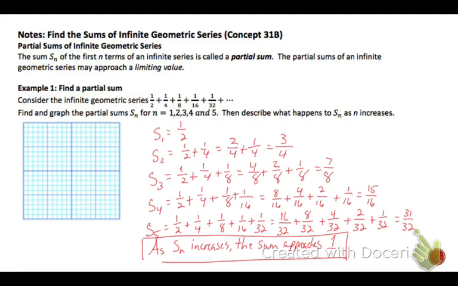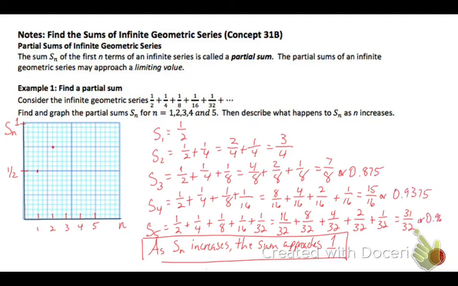Now take a look at the graph. We have the n term on our x-axis and S sub n on our y-axis. We plot the sum of the first term, which is just a half, and the second term, which is 3/4. I'm going to change those into decimals because decimals are a little easier for me to graph.